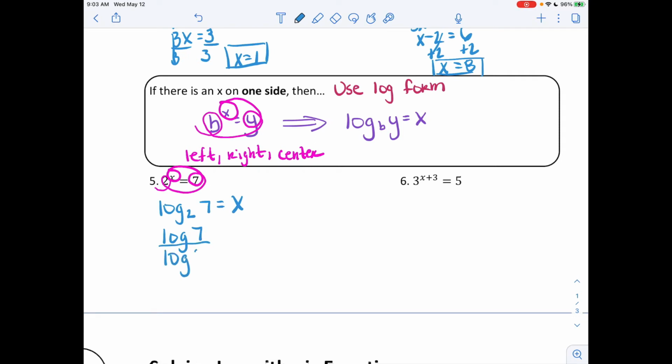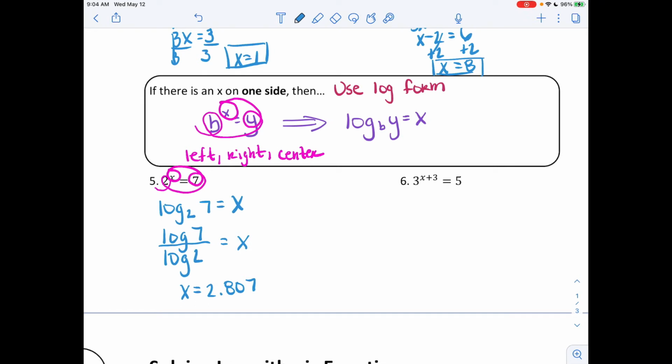It goes on the bottom. Log 7 over log 2 is equal to x. Now you can simply put that in your calculator or put that into Desmos Scientific, and you will come up with x is equal to 2.807.